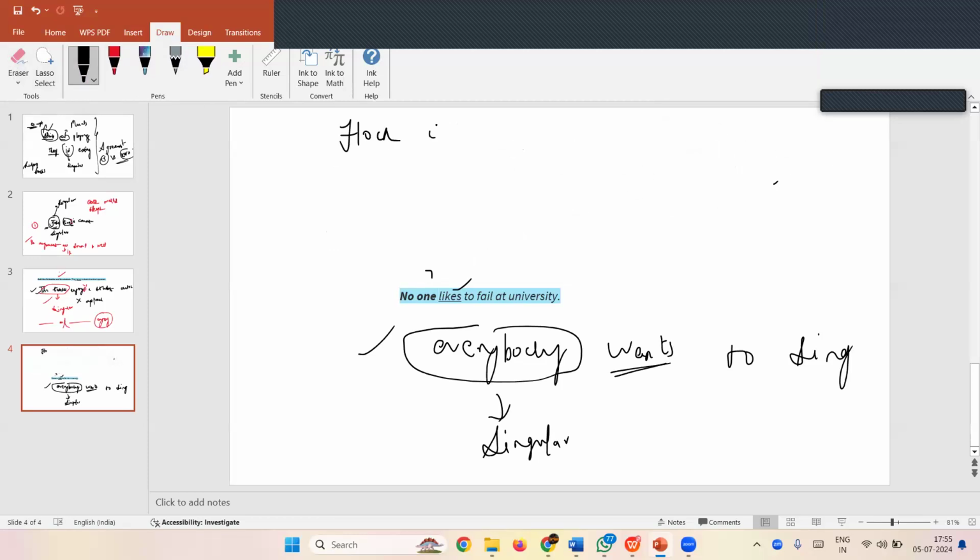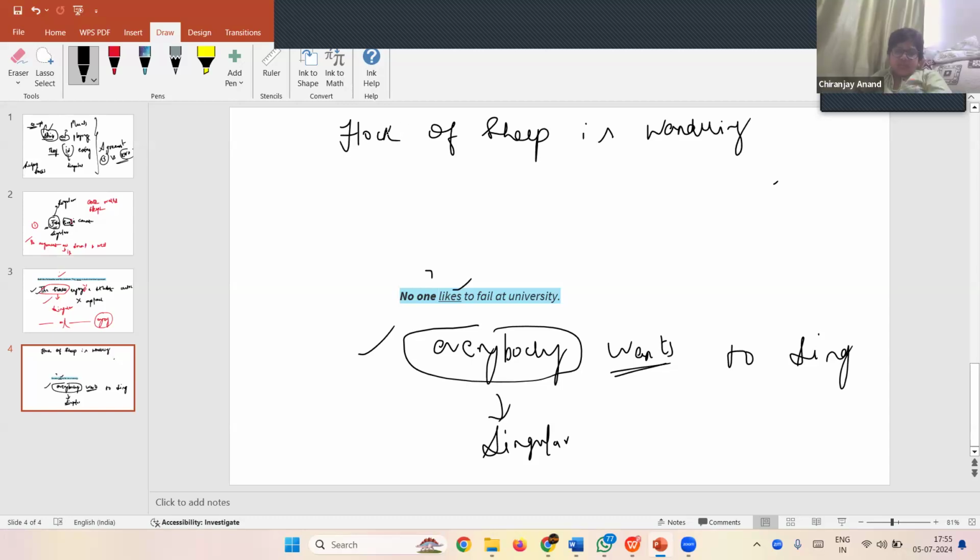Flock of sheep is wandering. Is it right or wrong?